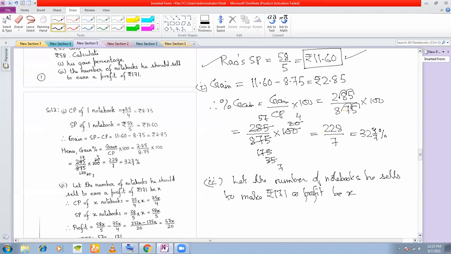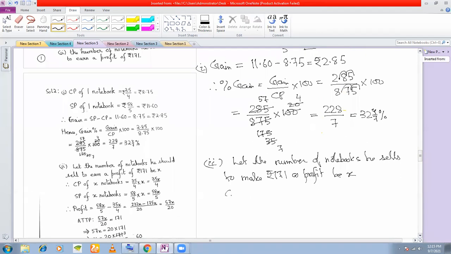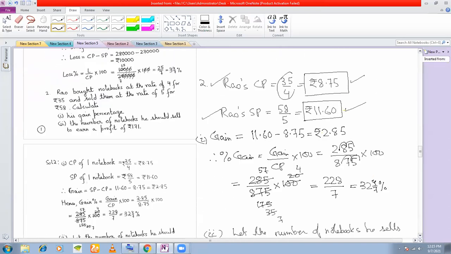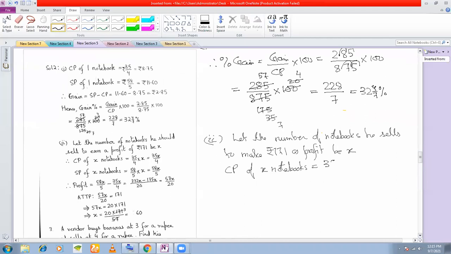Now, what is the cost price of X notebooks? If he's selling X notebooks, he has to buy X notebooks also, right? What was the price of one notebook, which we have calculated here? 35 by 4, right? Let's use fractions, they are easier to work with. So he is buying X notebooks for 35 by 4 into X, which is 35X by 4.